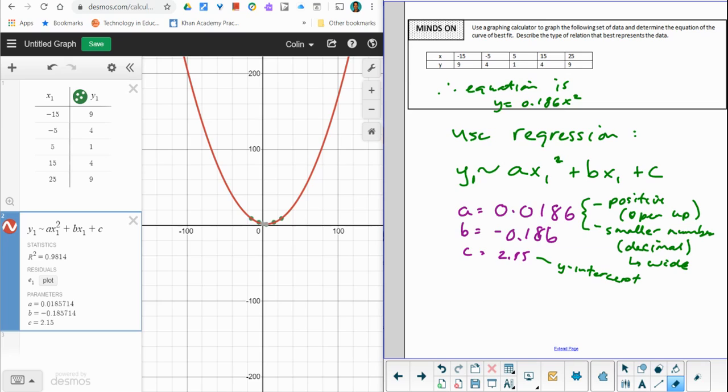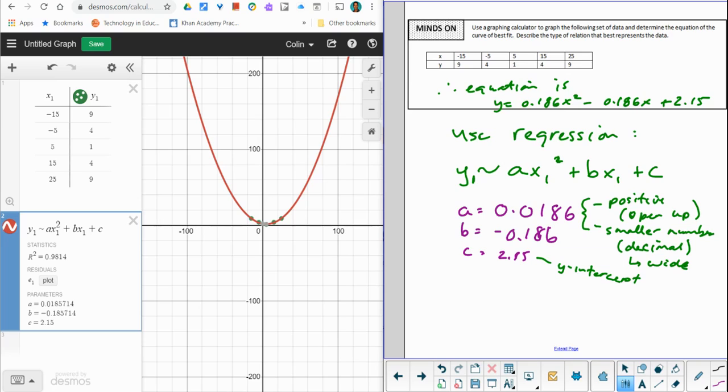So negative 0.86x plus 2.15. And that's as simple as it could get for you to turn these types of questions into an equation.